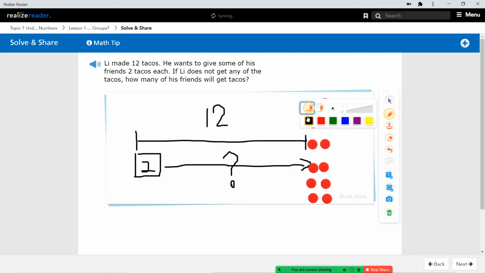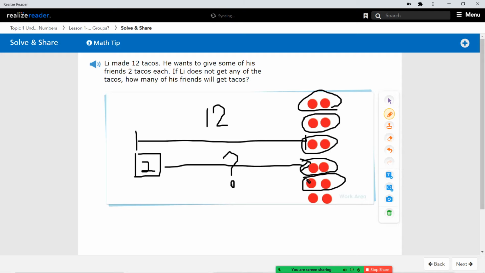So I kept counting by 2s until I got to 12, till I ran out. So here's 1 group of 2, 2 groups of 2, 3 groups of 2. So this is 1 friend, 2 friends, 3 friends, 4 friends, 5 friends, 6 friends.